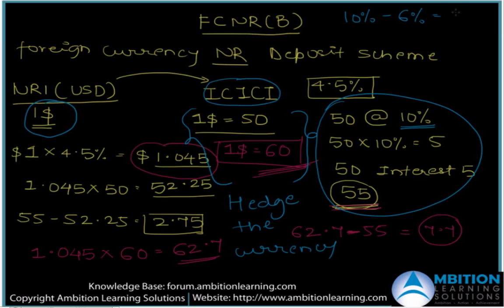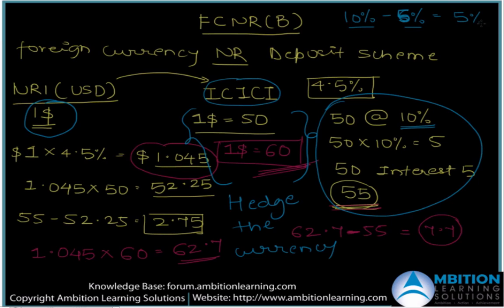So let's say 5% goes off for calculation purposes with respect to the example that I gave you. So, I make 10% as ICICI on interest, but I pay 5% as hedging cost on my currency.